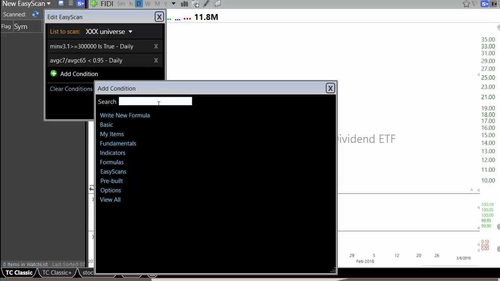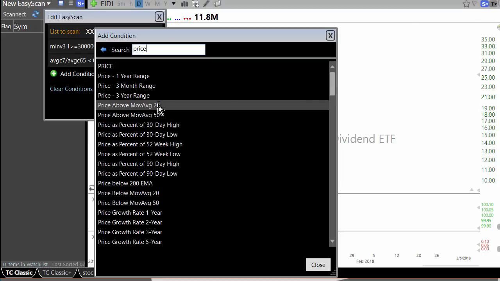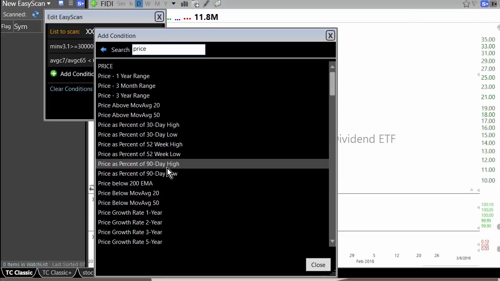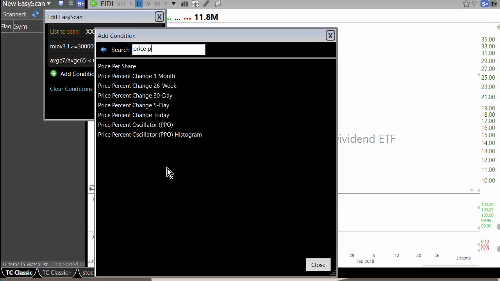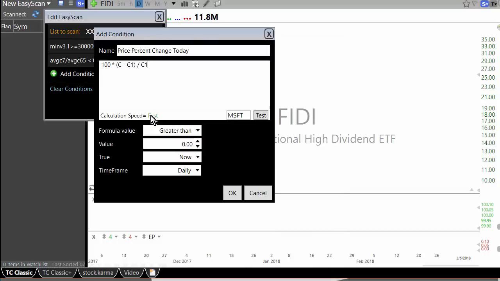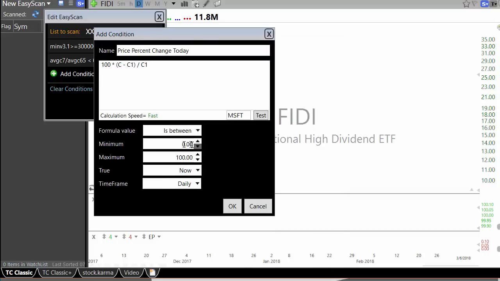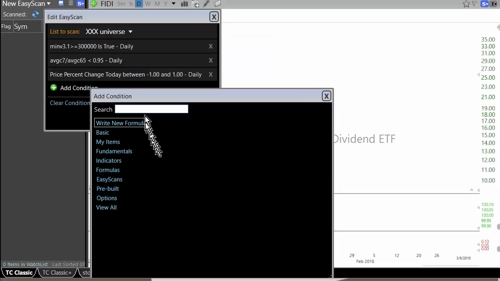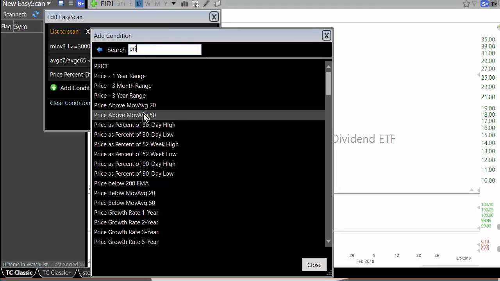Okay, what is the next condition? Is this condition of price percent change. Price percent change today is between -1% and +1%. Okay, next condition is the net change. For that, you go and search for price.